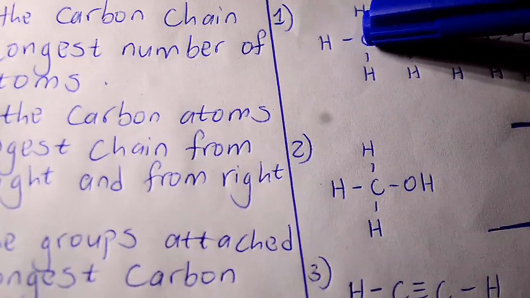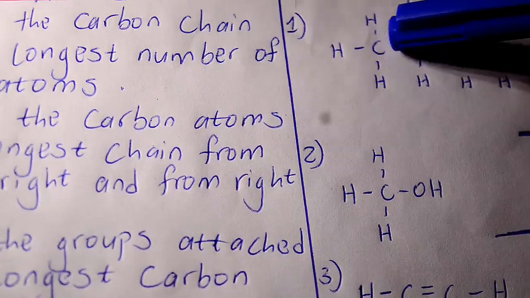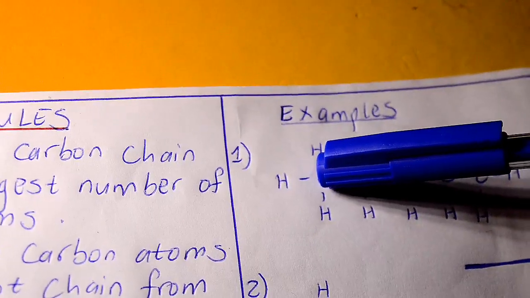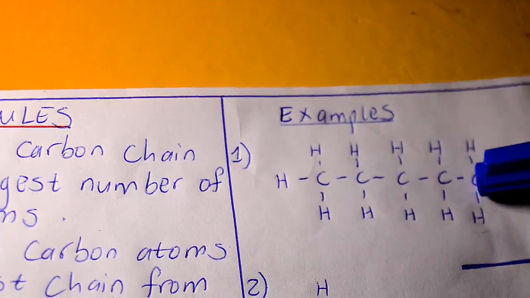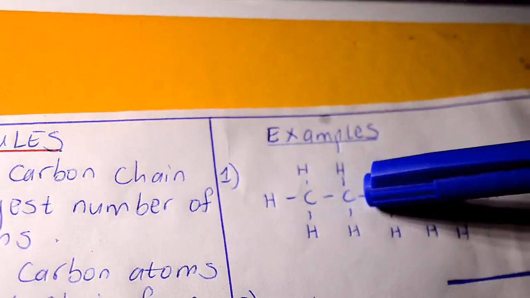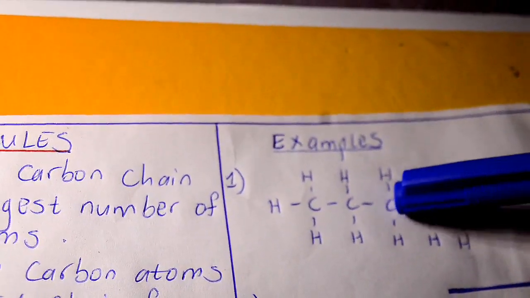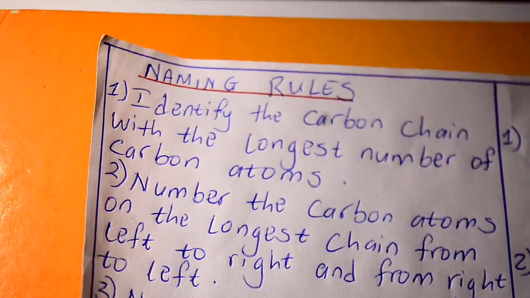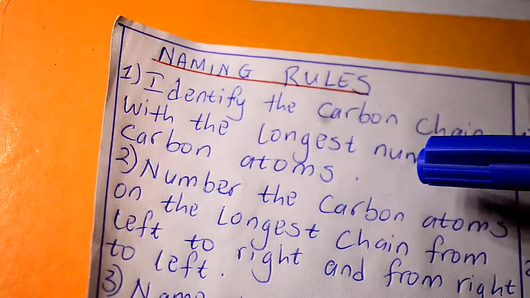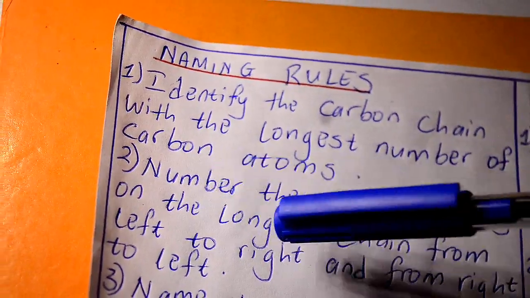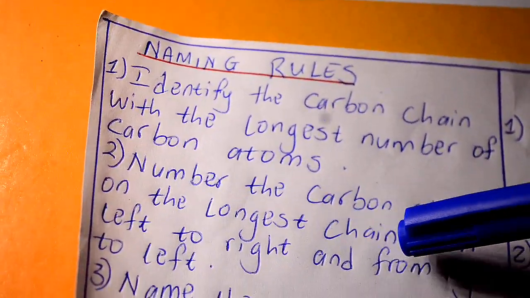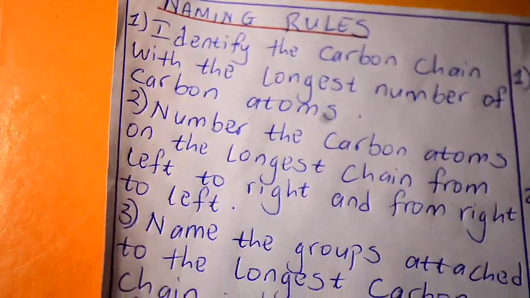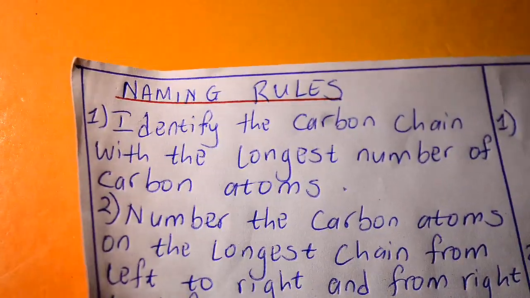This is the longest carbon chain here, from this carbon here to this carbon. So we have identified the longest carbon chain. This is it here. The second rule says number the carbon atoms on the longest carbon chain from left to right and from right to left. So you have to number them.